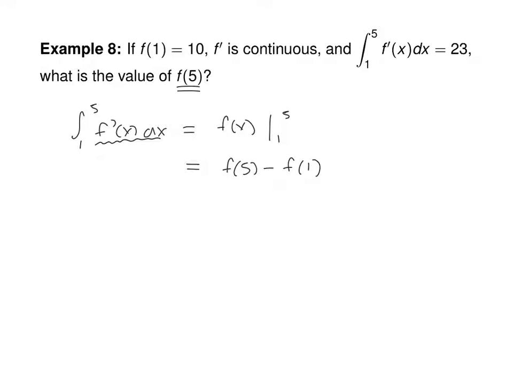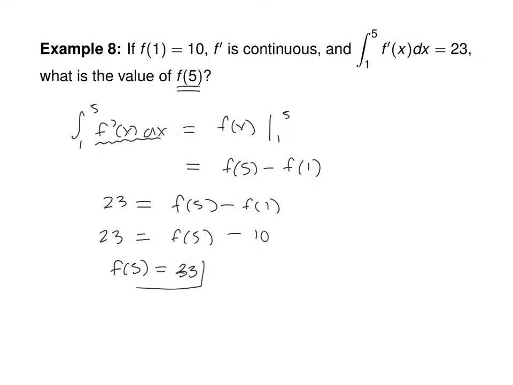Did they tell you? That's 23. So we know that 23 equals f of 5 minus f of 1. And then what else do you know? F of 1 is 10. So then f of 5 is equal to 33.